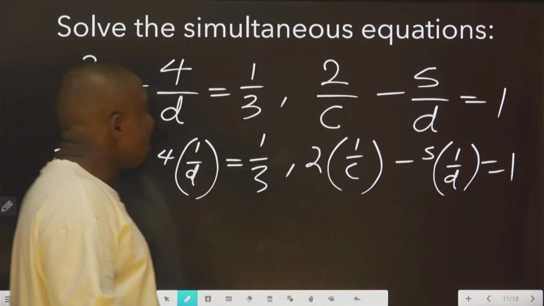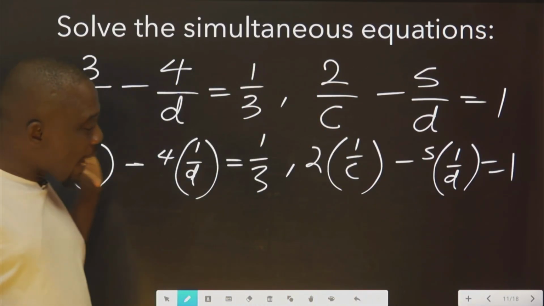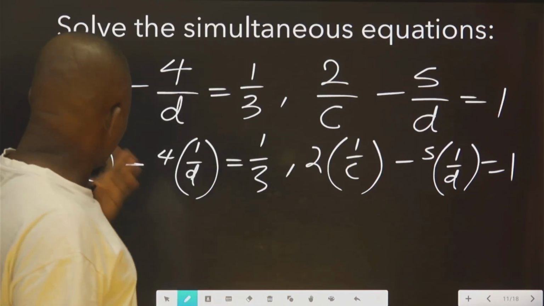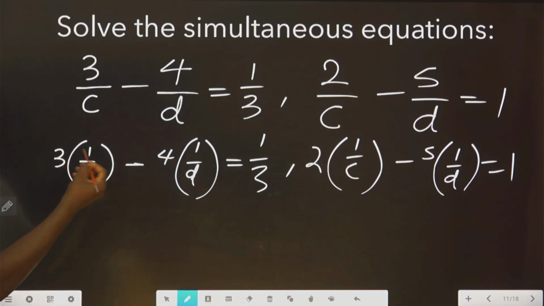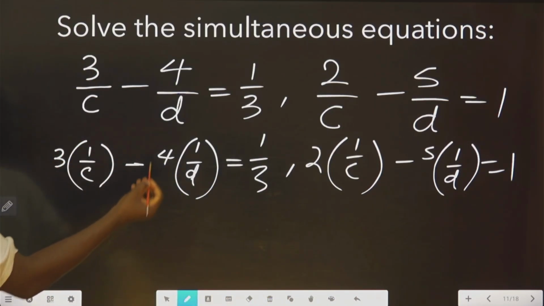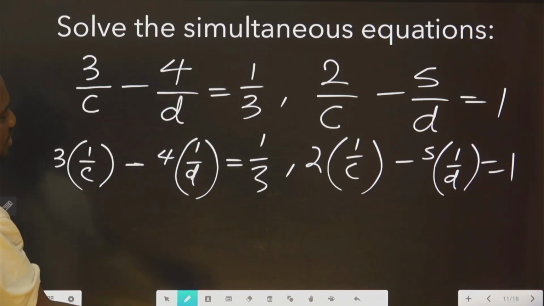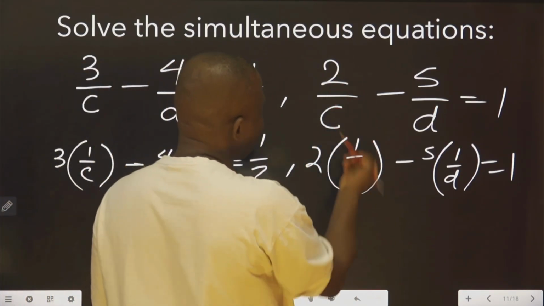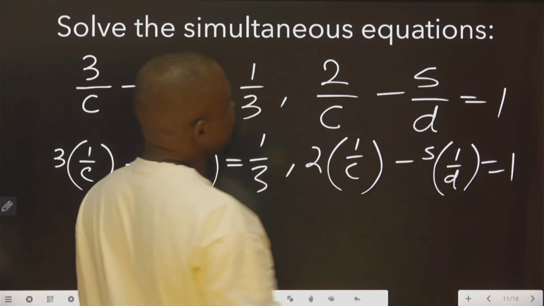So you can see, as long as you are not damaging the equation, you are good to go. I'm not damaging anything, because if I multiply this and this, I'll still get this, C will still remain. This and this, get this, D will still remain. The same thing, this multiplied by this, I will get this. So I'm good to go.